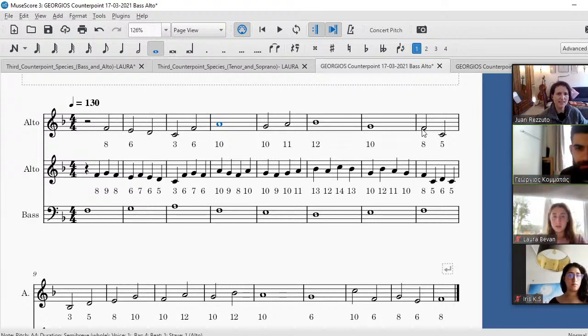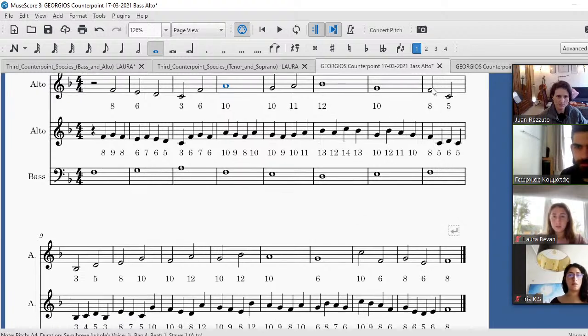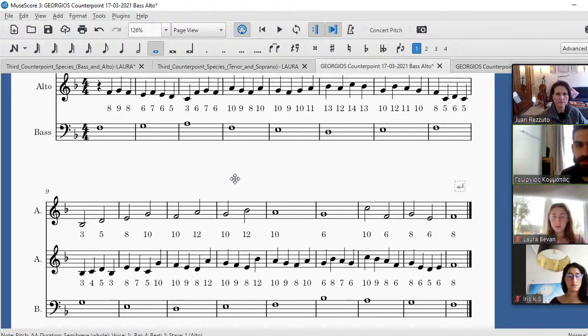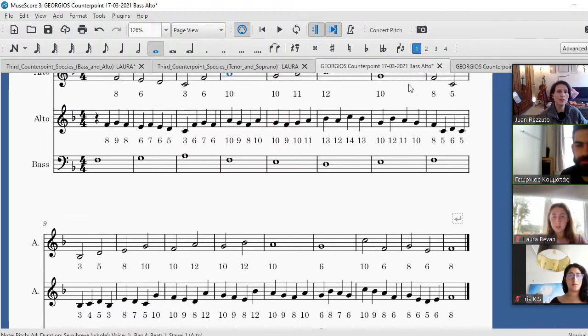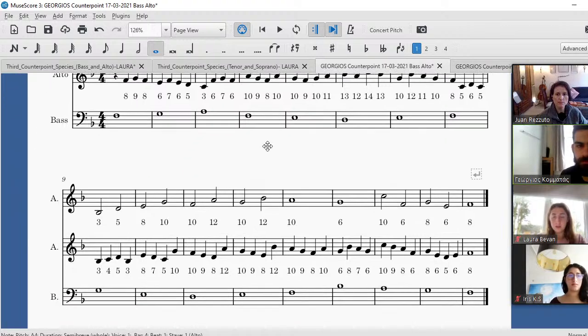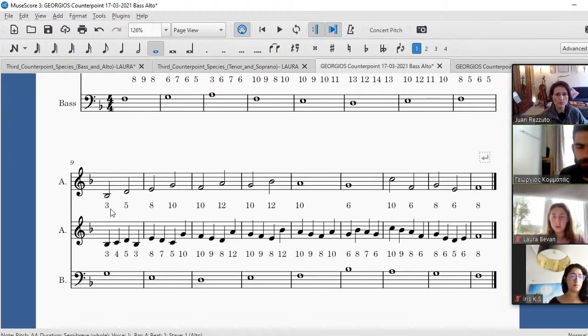And in this case, again, you start to notice maybe too many jumps. Leaping is okay, but then the problem, I guess, is that it goes down by step to B. If you have a leap down, a better option would have been to go to the D maybe.